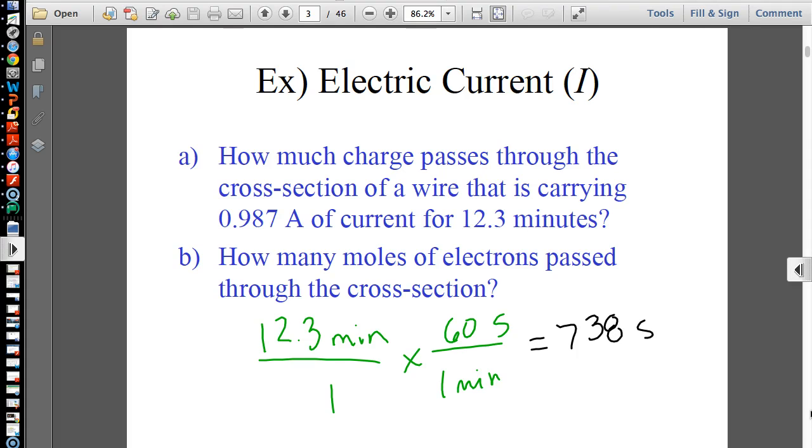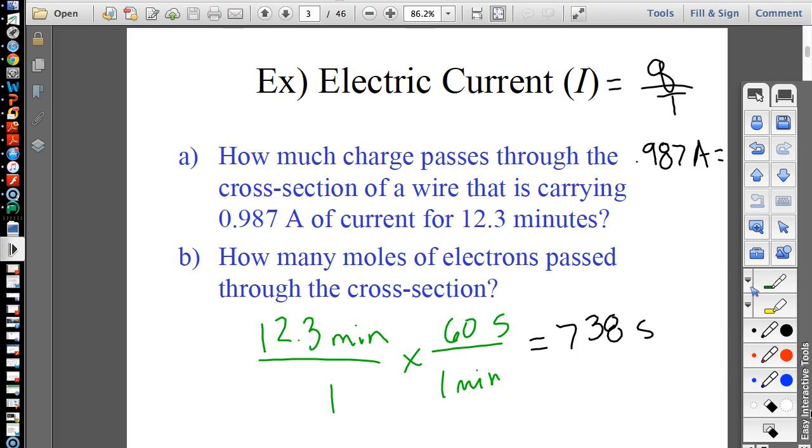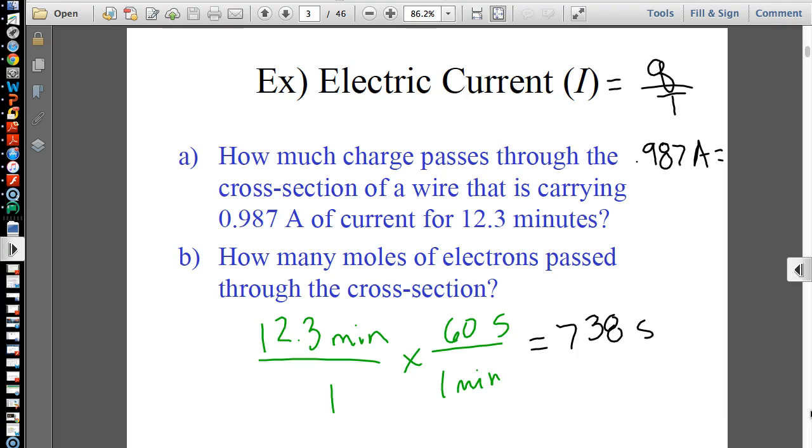Alright, so then we have a formula, and the formula was current in amperes or amps. So I'm just going to use this as a setup. 0.987 amps is equal to, my seconds are going to go on the bottom, 738 seconds, and on top, I don't know the charge, so I'm going to leave that Q blank, and then you can just solve.